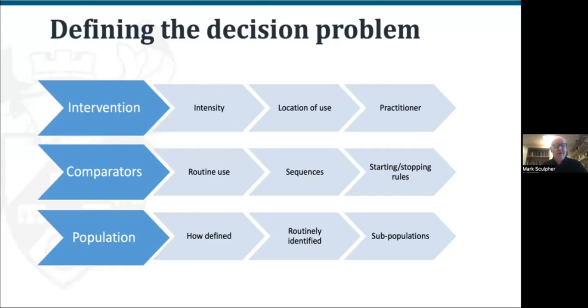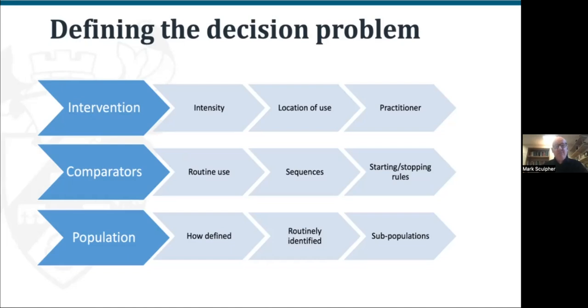And then there is the population that we are interested in. So, for example, this might be the management of acute tuberculosis in a particular population. We might define this as a pediatric population, so we're defining it partly by age.